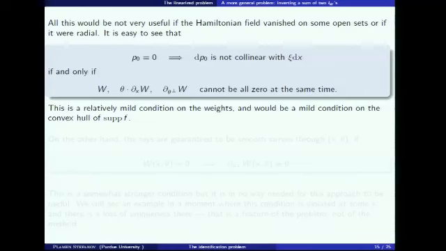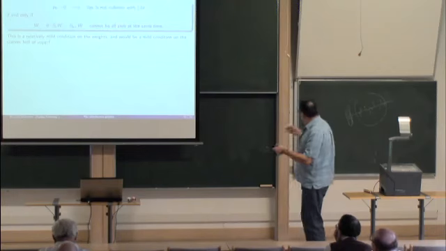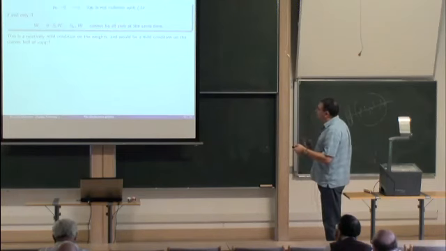Okay, so this is one of the conditions that tells that you can get some non-trivial result by propagation of singularity, and this actually means that the Hamiltonian field is non-radial. So in other words, this is the least condition that you should require to get some meaningful result out of this flow. Okay, so this is equivalent to the following conditions about the weight, the determinant, and they're in some sense pretty mild. I'm going to relate them to the actual problem later.